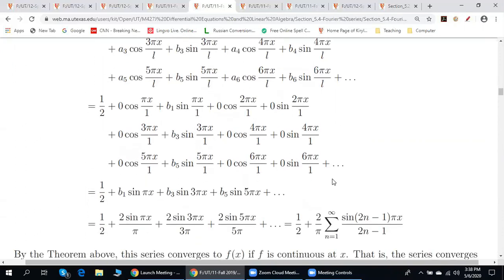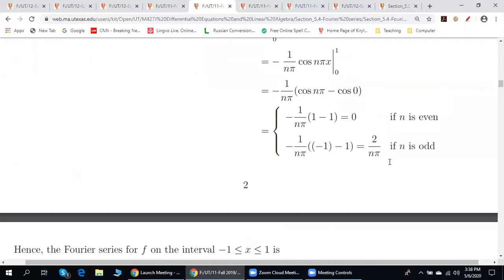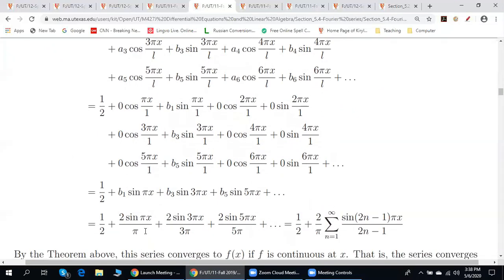We get rid of 0 terms. We get rid of this, this, and this. Done. Lastly, we replace all odd b's by this formula. Done, done, done, and so on.